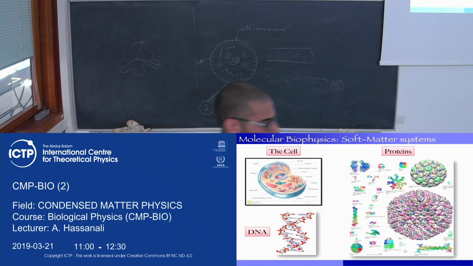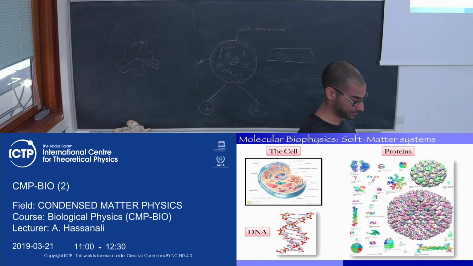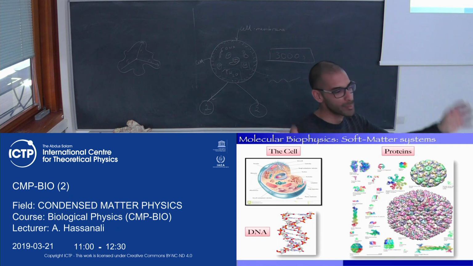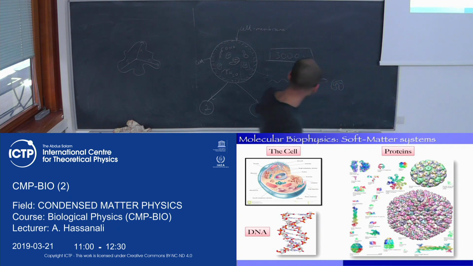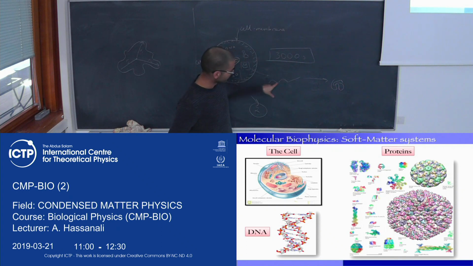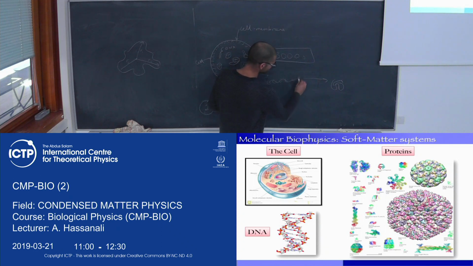Lego is the toy that allows you to build objects. You start from small pieces and put them together and you can make buildings, machines, whatever. So these polymers, these proteins, are made up of Lego pieces.